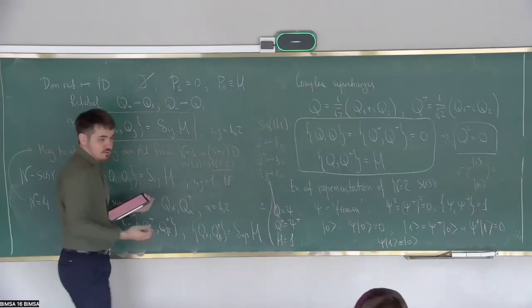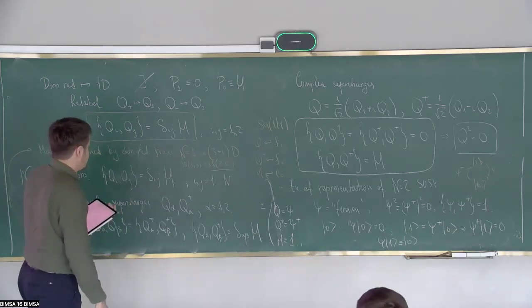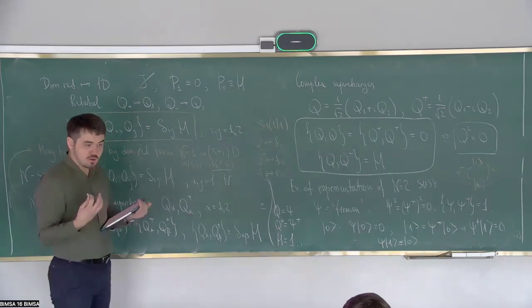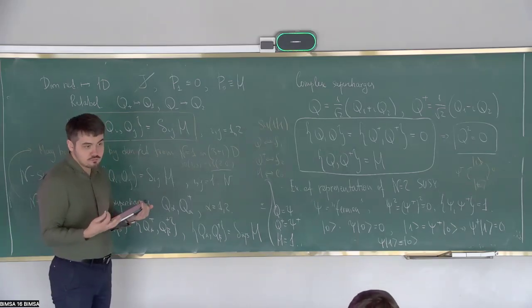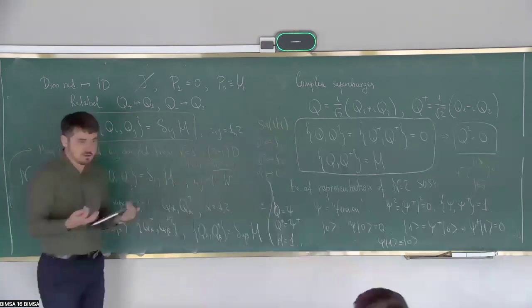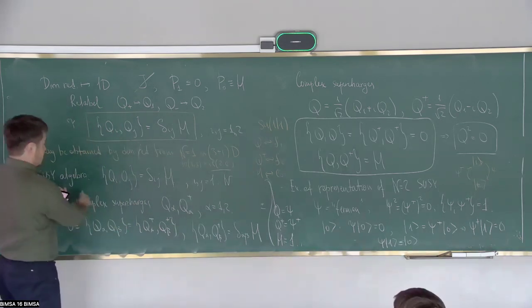It's a complex two-dimensional spinor. That's why it decomposes into 4 real supercharges in 1 dimension. If you forget the action of SL(2,C), it's a 4-dimensional real vector space. That's why you get N = 4.